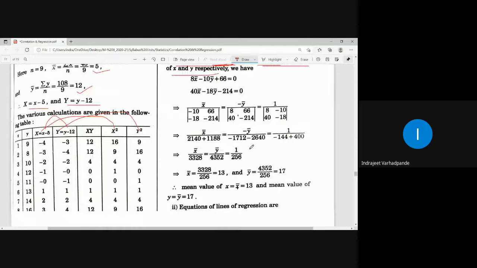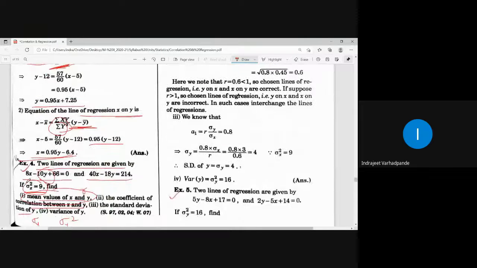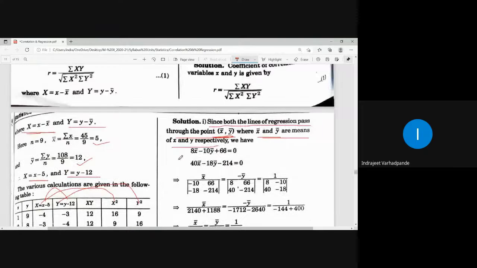Then we will satisfy this particular equation of line by x bar and y bar. So 8x minus 10y plus 66 equal to 0 becomes 8x bar minus 10y bar plus 66 equal to 0. The other line is also satisfied by x bar and y bar, so that equation becomes 40x minus 18y minus 214 equal to 0.